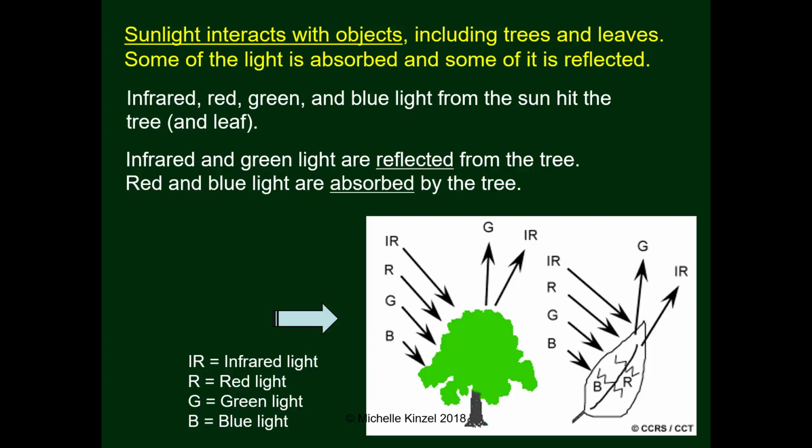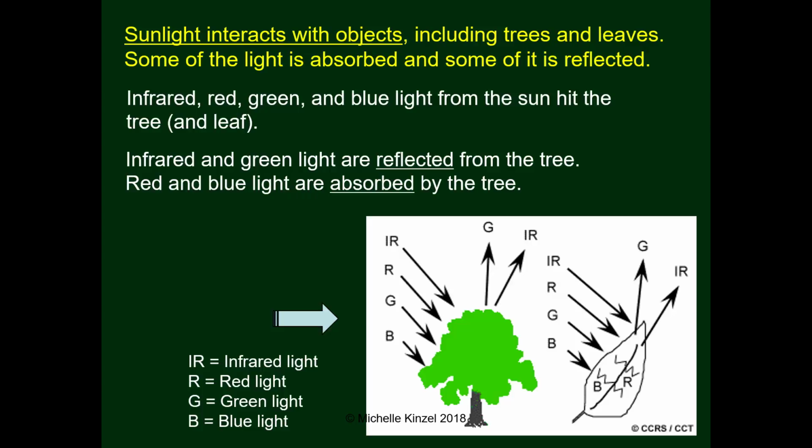Sunlight interacts with objects, including trees and leaves. So some of the light is absorbed and some of it is reflected. Infrared, red, green, and blue light from the sun hit the tree and the leaf in this example. And then infrared and green light are reflected from the tree. The red and the blue light are absorbed.